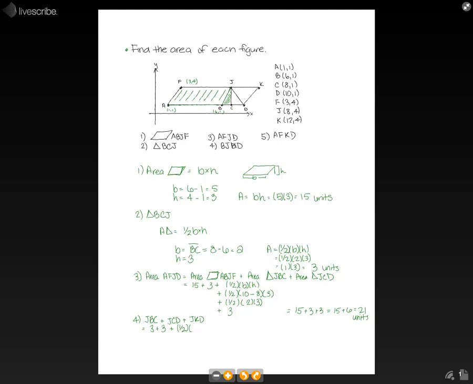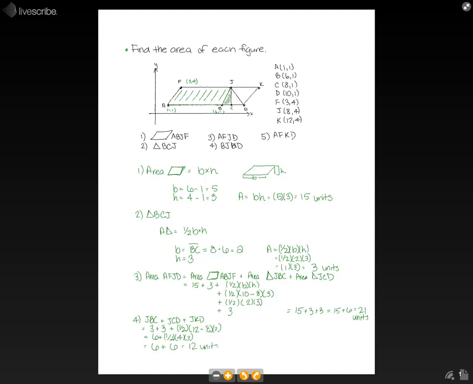Now the base this time is the length of JK. So looking at the x-coordinate of K, we have 12, minus the x-coordinate of J, which is 8, times the height, which is still 3, gives us 6 plus 1/2 times 4 times 3, which is 6 plus 6, or 12 units.